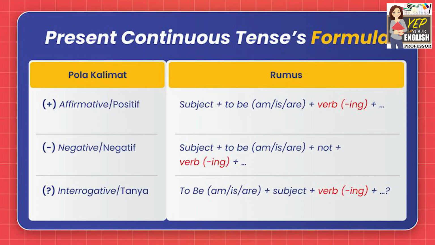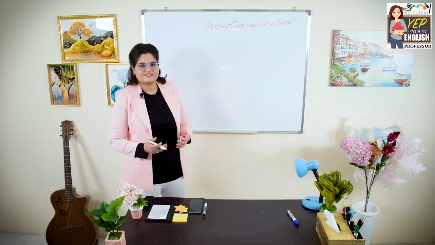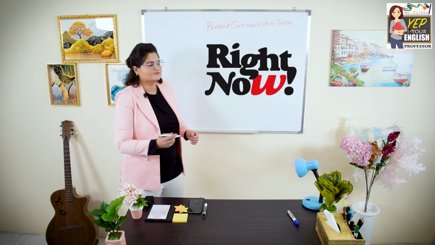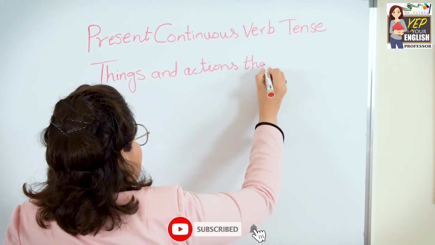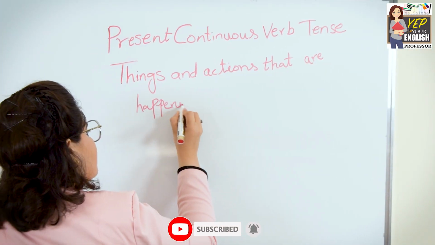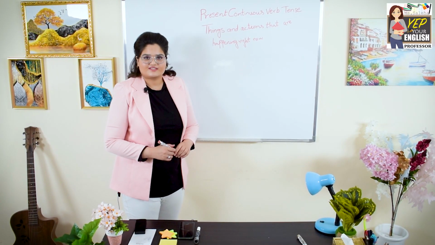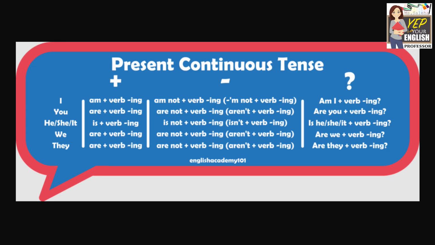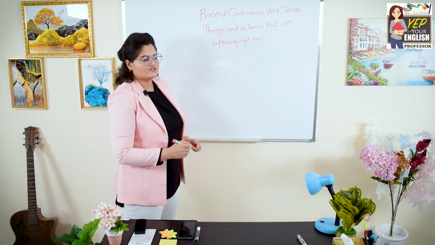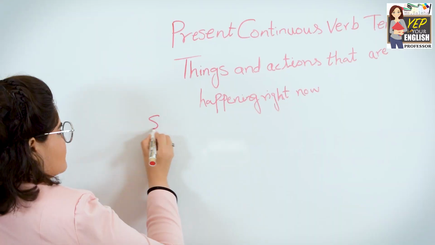We use present continuous tense to talk about the things and actions that are happening right now. First, we will see how we can make simple sentences in present continuous tense. For this, we have to see the sentence formation pattern.